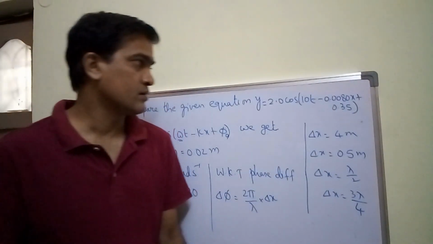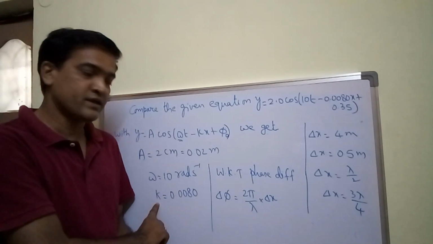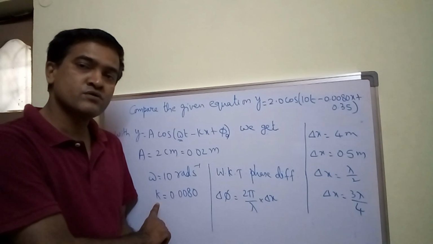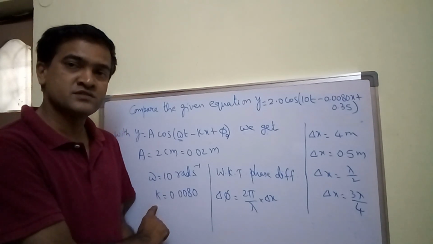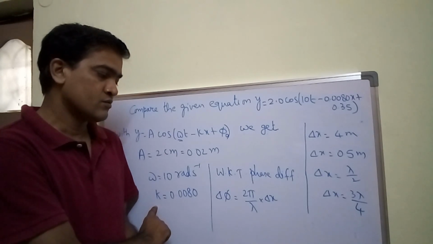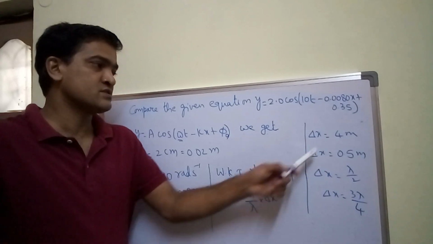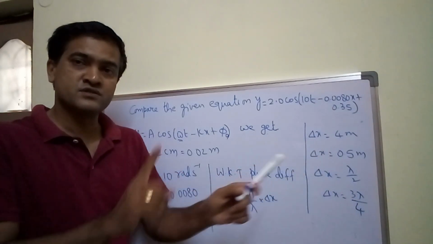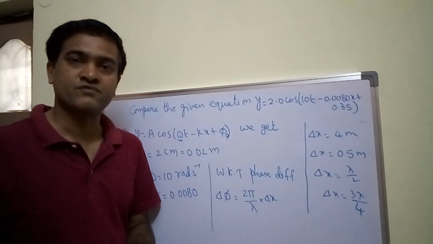So based on this, you know the value of k. K is given. Can't you find out lambda using this? Because k is equal to 2 pi by lambda. Once you know the value of lambda, if you substitute the value of lambda here, and delta x is 4 meters in the first case, substitute the values, you will get the value of delta phi, right?